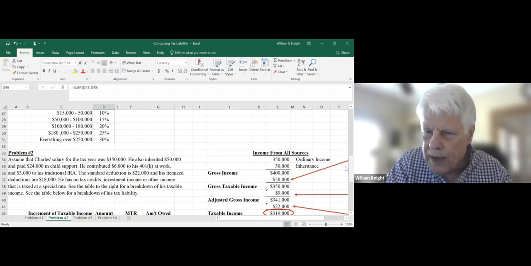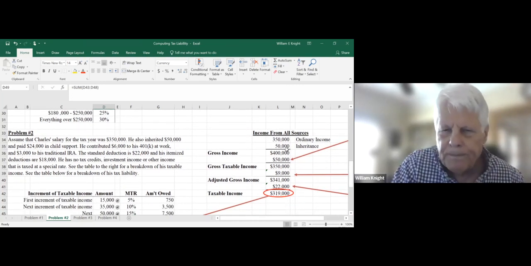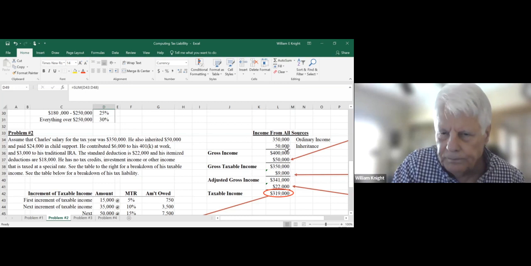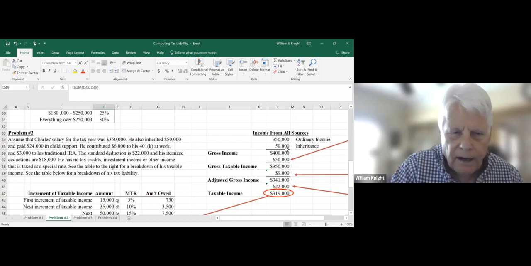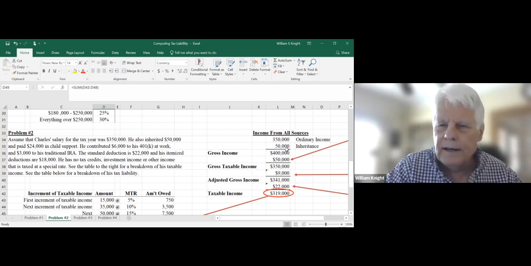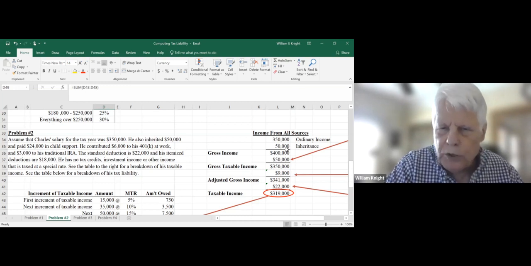Does that payment show up anywhere over here? No, not child support. Child support is not tax deductible. Now, when somebody gets paid child support, you'll see how that's treated in, I believe, problem 4. But the idea here is that he gets no tax deduction, no exclusion, no adjustment for child support.